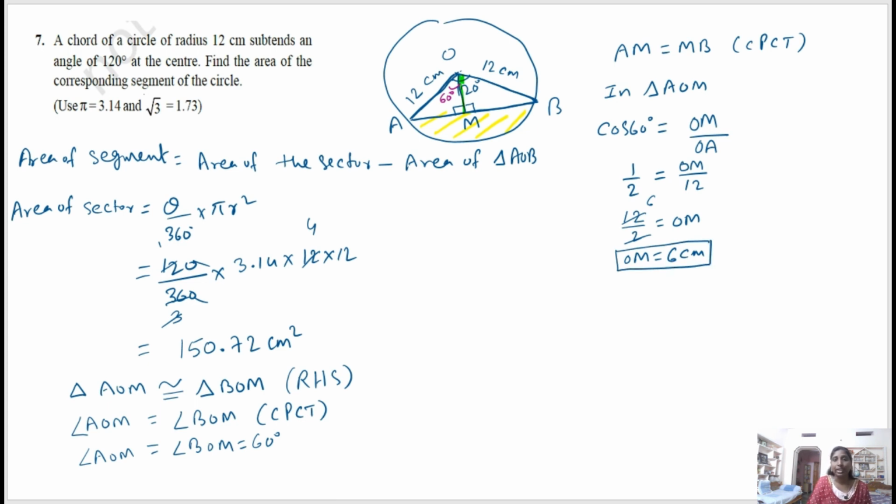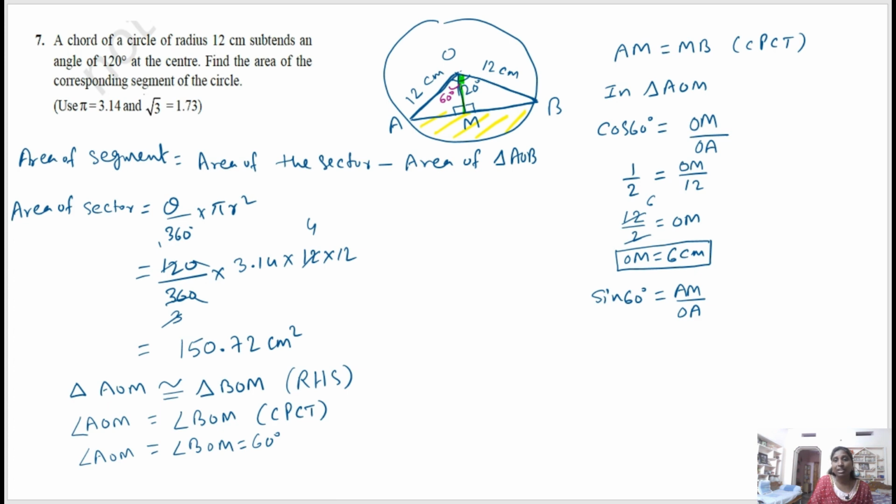Now we need to find the value of AM. Which trigonometric ratio will you use now? Sine 60 degrees is equal to perpendicular by hypotenuse, P by H. The perpendicular for 60 degrees is AM, the hypotenuse is OA.